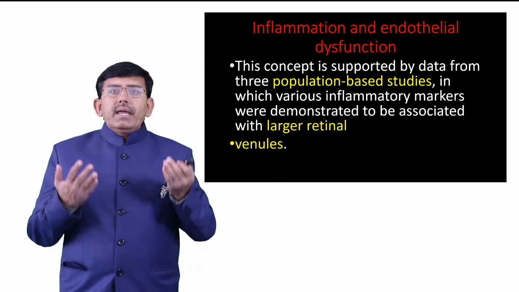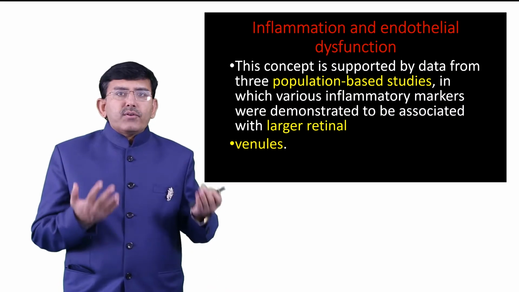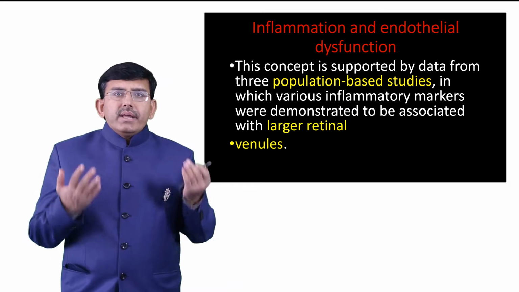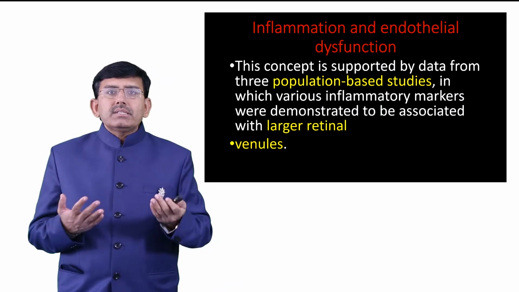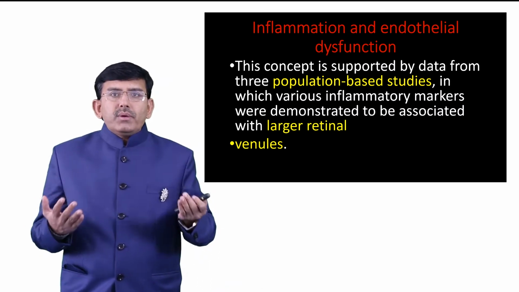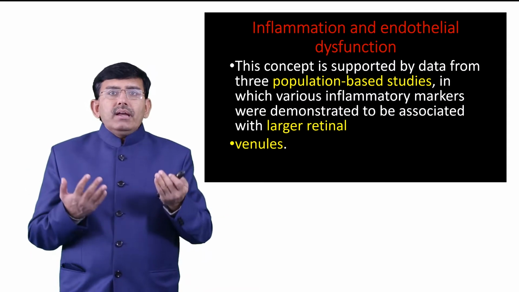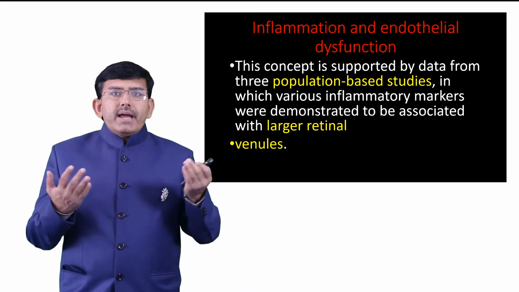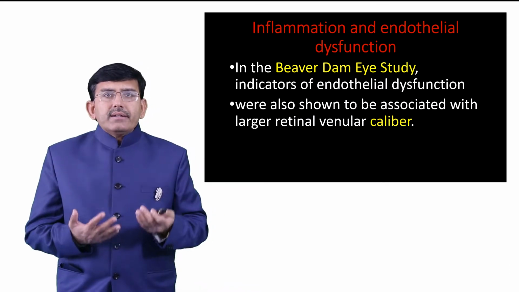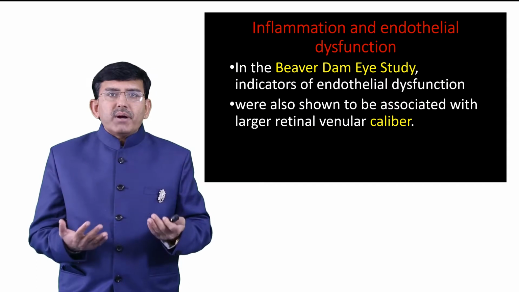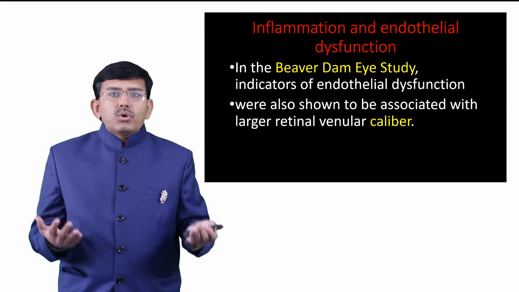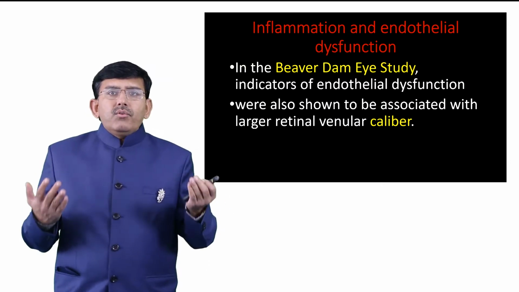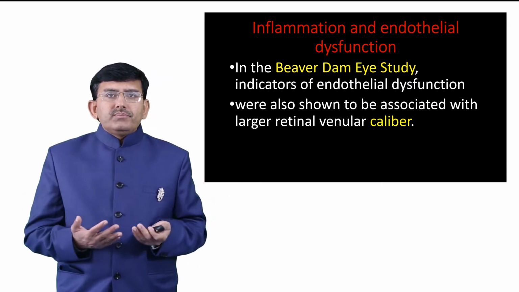This concept is supported by data from 3 population-based studies in which various inflammatory markers were demonstrated to be associated with larger retinal venules. In the Beaver Dam Eye Study, indicators of endothelial dysfunction were also shown to be associated with larger retinal venular caliber.